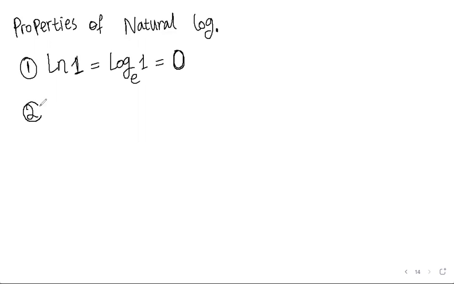Second one, ln of e. What is that equal to? It is equal to 1. How can I think about this one? Ln of e is equal to the logarithm of e to the base e, and by using the logarithm properties, this is equal to 1.